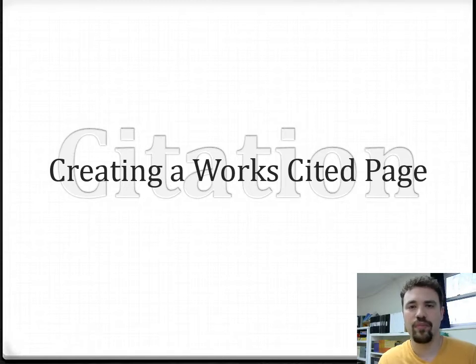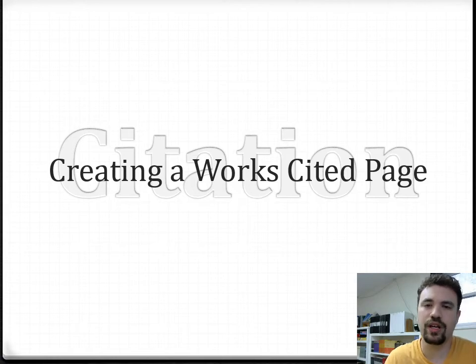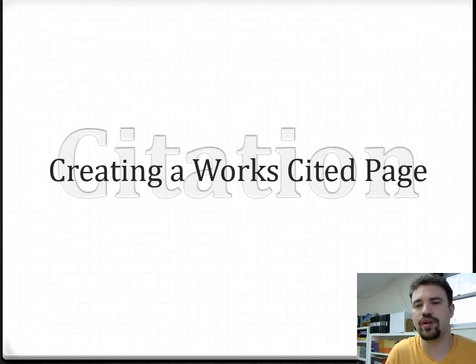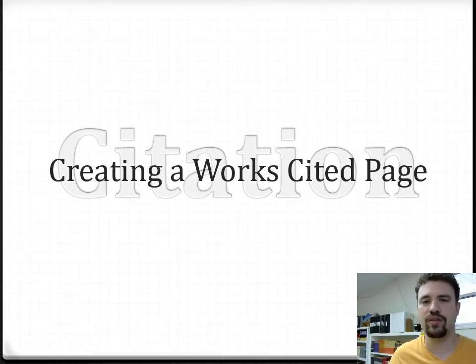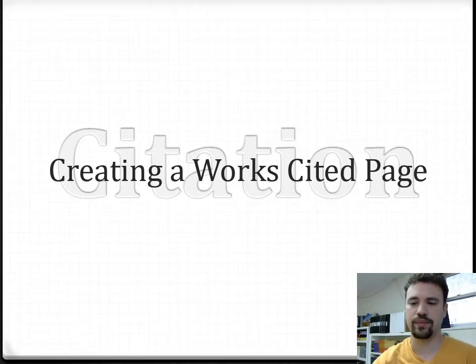Then within your paper, whenever you cite something from a particular source, you're going to include a brief in-text citation in parentheses that's just going to have a couple pieces of information that will point your reader to the appropriate source at the end of your paper. So first we're going to talk about the full citation, and then we will talk about the in-text citation later.